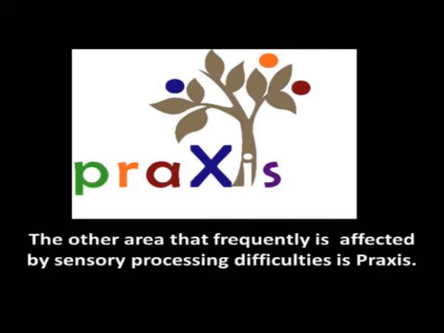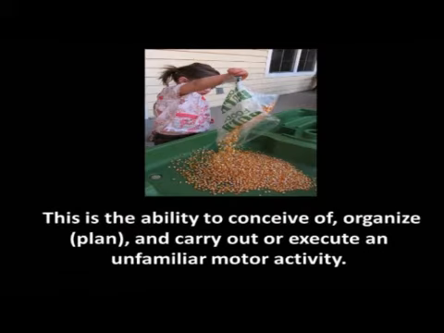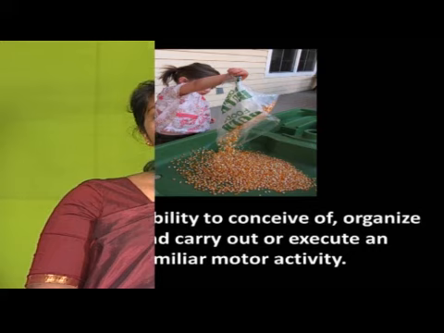The other area that frequently is affected by sensory processing difficulties is praxis. This is the ability to conceive of, organize, plan, and carry out or execute an unfamiliar motor activity. It is the ability by which we physically and mentally figure out how to interact with people and objects in our environment.